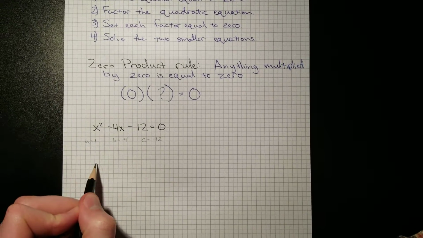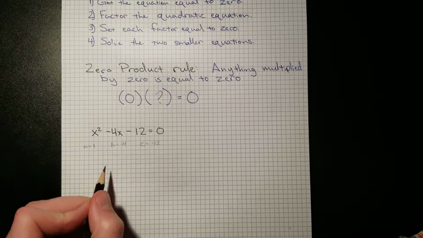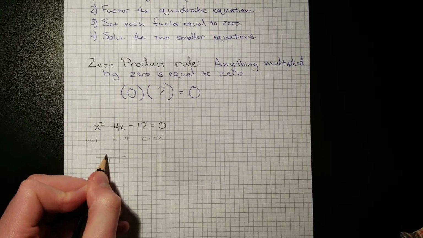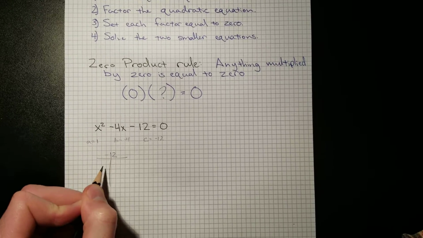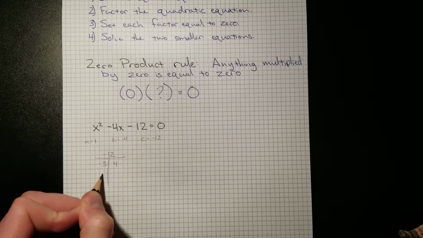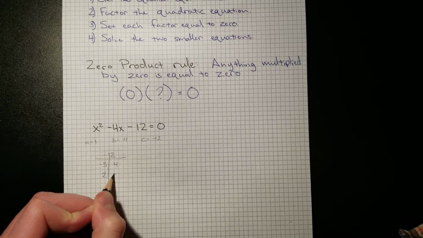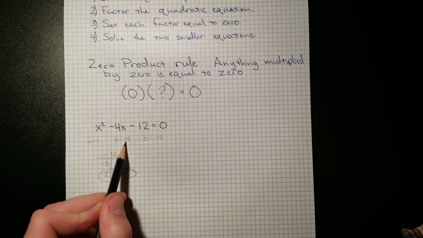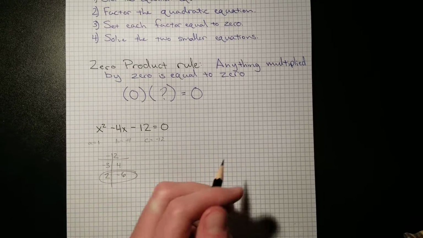So let's use the box method here. So we'll start out with -12 on the top. Ways to get -12 would be like -3 times 4 or 2 times -6. 2 times -6, when you add those together, you get -4, so that's what we're going to work with.